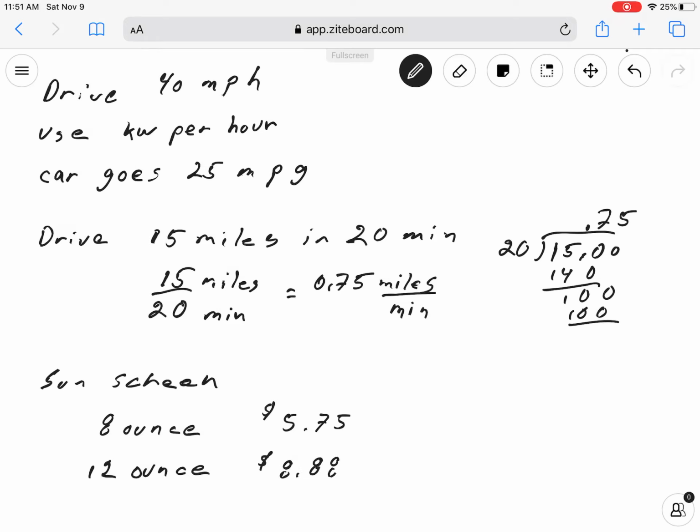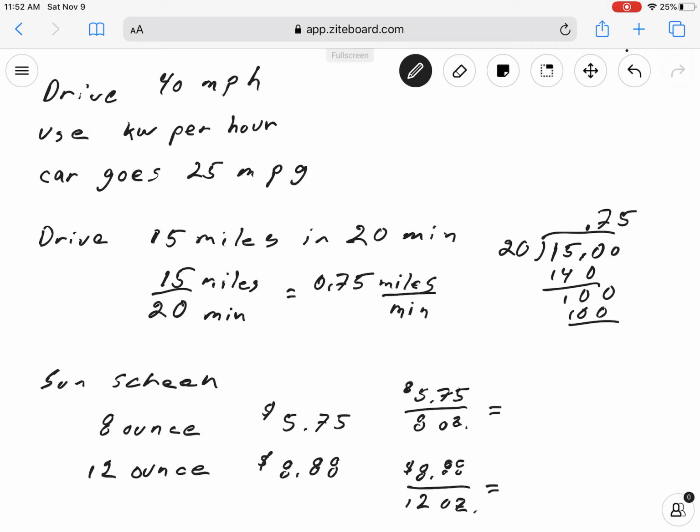Okay, so we set up the regular rate. So I have $5.76 for 8 ounces, and $8.88 for 12 ounces.